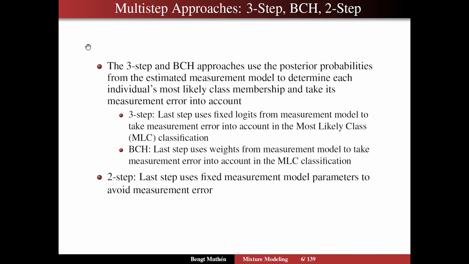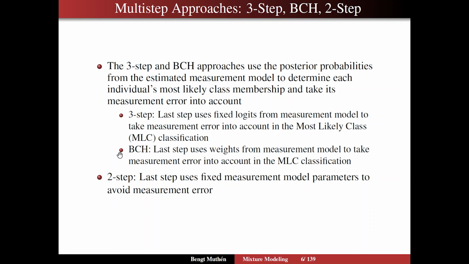So in 3-step, that measurement error is handled by the last step fixing logits of the measurement model. So those are the logits in the relationship between the latent class indicators regressed on the latent class variable. And that's done by taking measurement error into account in the most likely class classification that I will describe in a couple of slides forward.